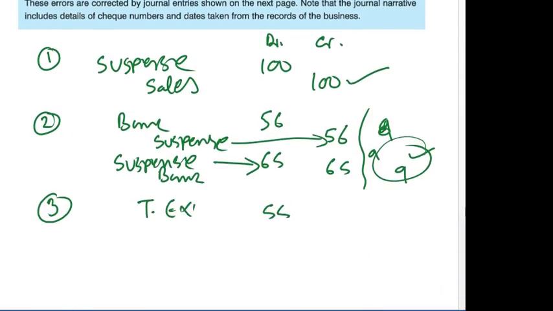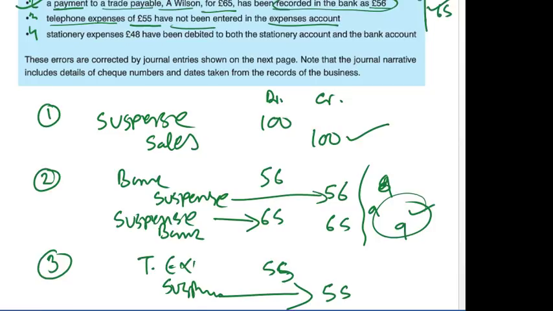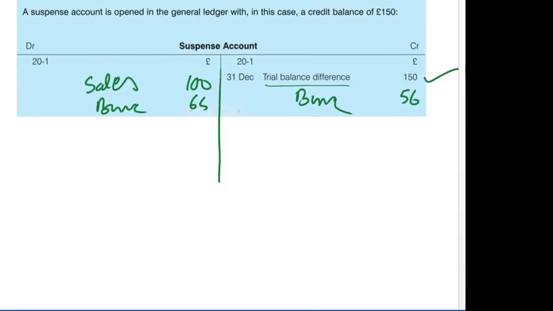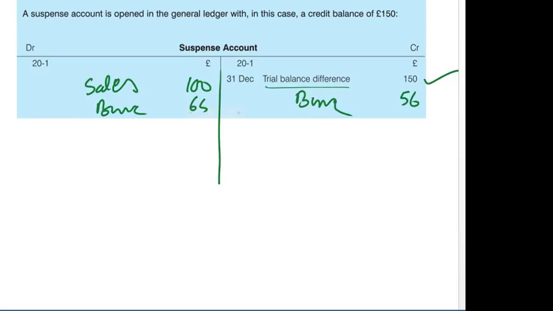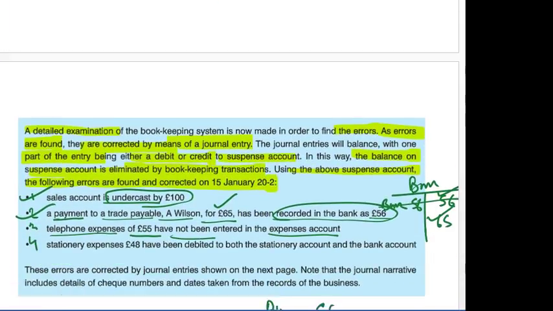Yep, and suspense credit 55. So let's take the suspense into the suspense account. On the credit side, telephone expense is the name. You write the opposite account's name, 55. Very quick. And 3 items are done.